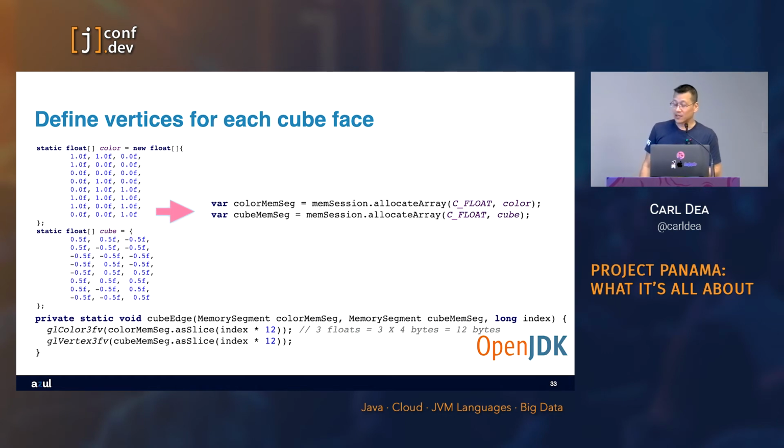So just to give you what Jextract actually did for you, instead of using the foreign function APIs, where you would have to create bindings, Jextract can do all that naming for you, and it generates the source code for you.